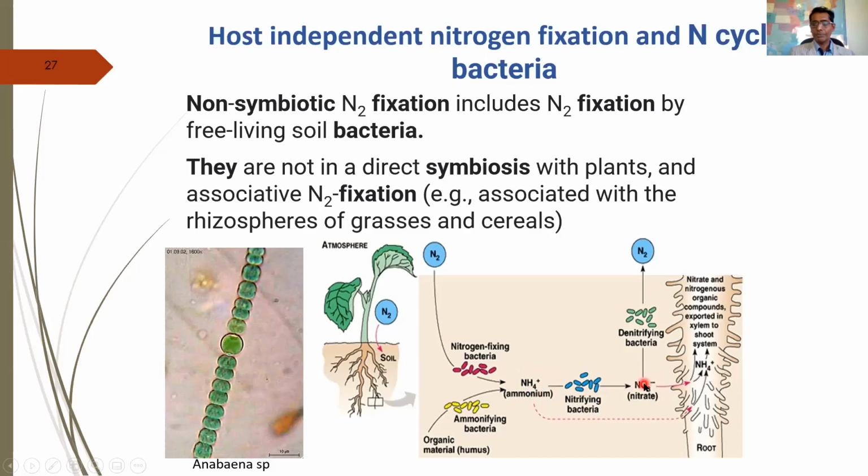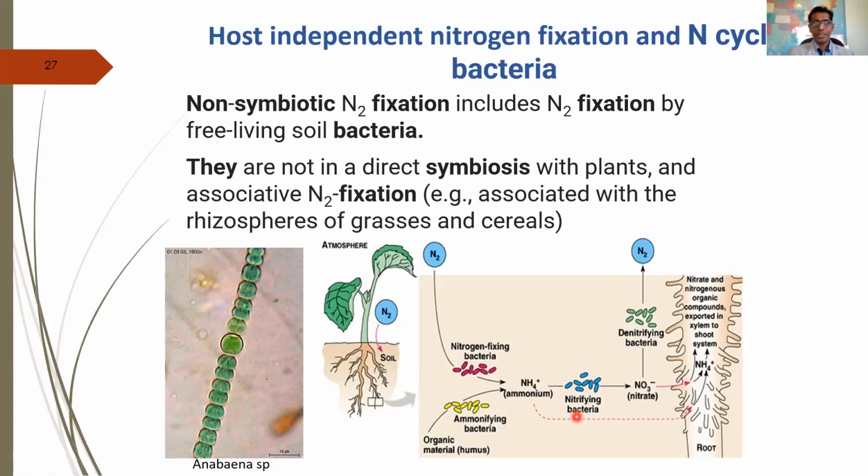And some of these bacteria can recycle this nitrogen in a process we call denitrification, and give rise to nitrogen gas back to the atmosphere. So this is host-independent nitrogen fixation, along with other nitrogen processing bacteria.